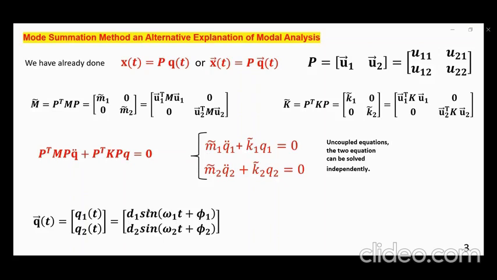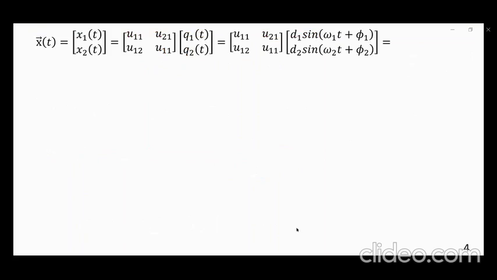The phase angle and the amplitude here depend on the initial conditions, and the same thing with the second equation. In other words, when you have an equation given to us, we have x at time 0 specified, so that gives you two conditions, and x dot at time 0 specified, that gives you two more equations, so you have four equations, and these four unknowns come from those four equations.